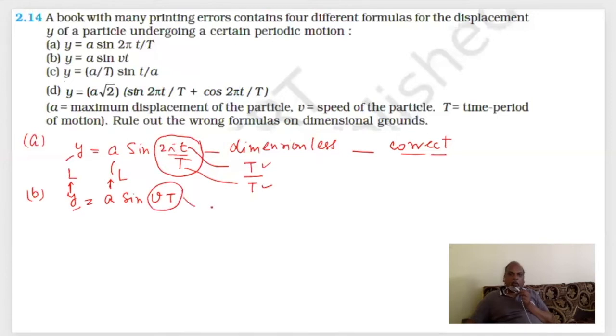Argument is LT minus 1, this is for the velocity, into T. So the argument is not dimensionless because T cancels out, but still L is remaining. So this is incorrect.